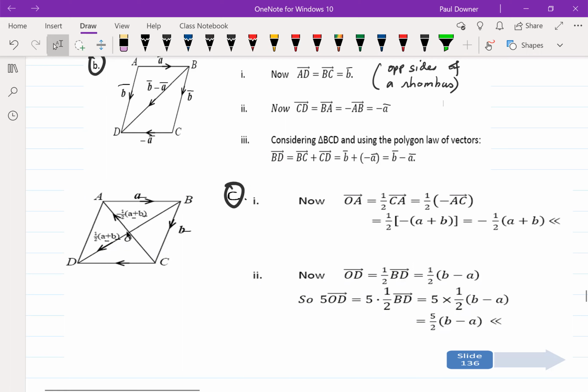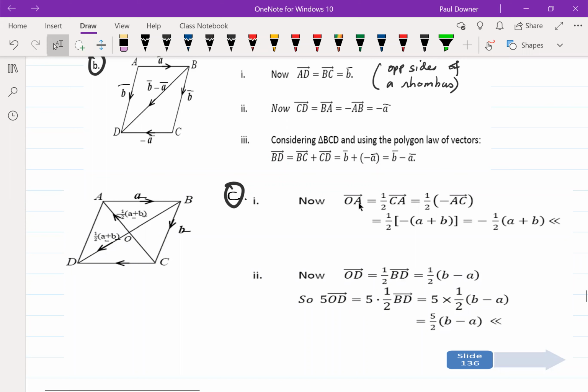So it means that the length of OA will be a half of the length of CA. Notice I'm going in the same direction. I didn't say OA is a half AC. I said that OA is a half of CA because if we're talking vectors, you must be considering the direction. So I wrote that down here.